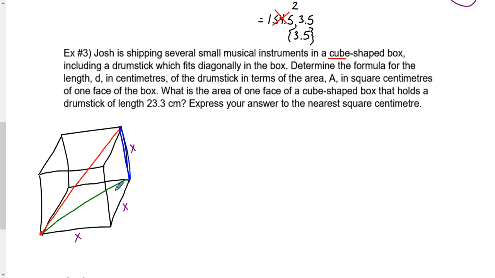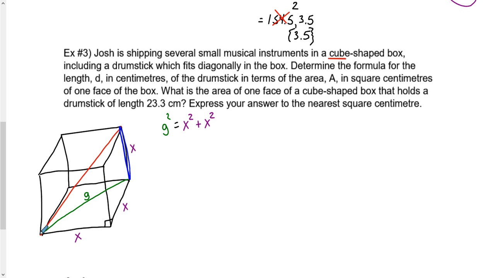We don't know exactly what those diagonals are, but using our Pythagorean theorem, that side, I'll use g for green, the Pythagorean theorem states that hypotenuse squared would equal x squared plus x squared, the a squared and b squared, because this would be a right angle triangle.